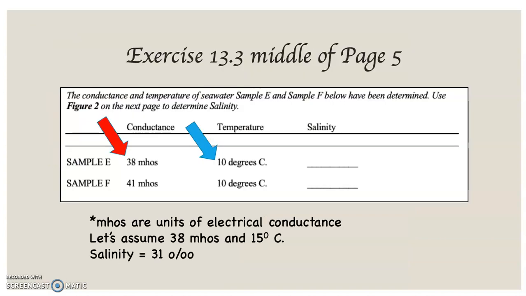That's what I would say. And so indeed, if there's 38 mhos and the temperature of the water is 15 degrees Celsius, the salinity is going to be 31 parts per thousand. And that's what you would plug into that blank line there, that line that goes across where the answer is supposed to be. Good. I don't think that was that hard. You can do it. It's just a graph.